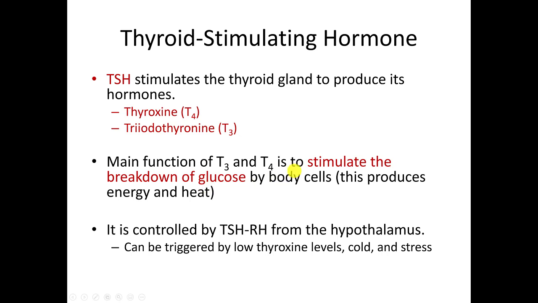That should make sense. If you think about what T3 and T4 do, they stimulate the breakdown of glucose, which produces energy and heat. So if you're cold, that's going to trigger you to make and produce more T3, T4, so you can generate more heat. And also stress would cause this as well.